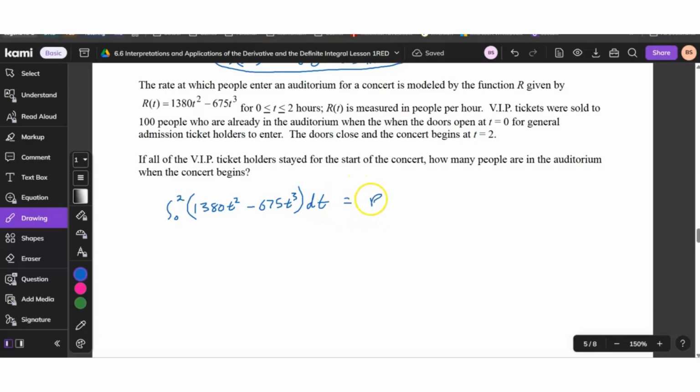This is going to be equal to R of 2 minus R of 0. Where in this particular case, this R represents the function that we have before. We have the value of R of 0, 100. So R of 2, and then the number of people that were there already is the VIP ticket holders, so 100 of them. And then we need to put this into our calculator.